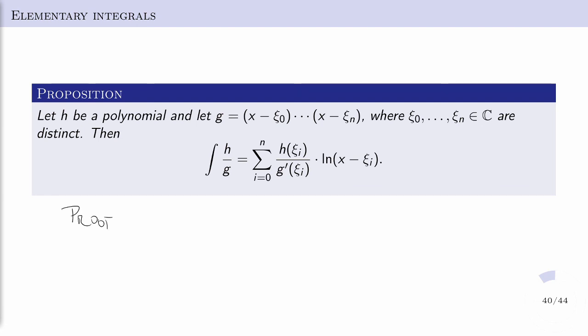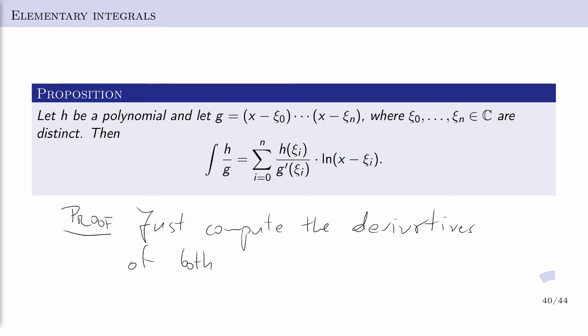Proof: just compute the derivatives of both sides. There's nothing more. If you just compute, here we have h over g, and you compute the derivative of this guy, you get h over g, and you see that this is actually true.